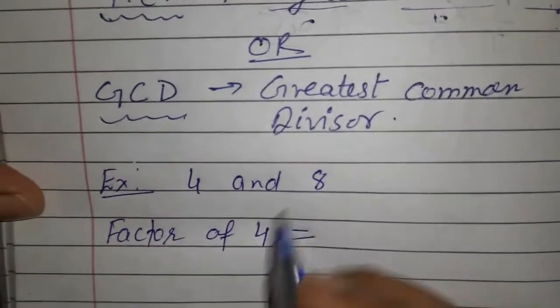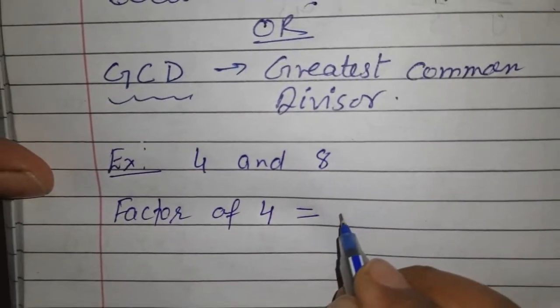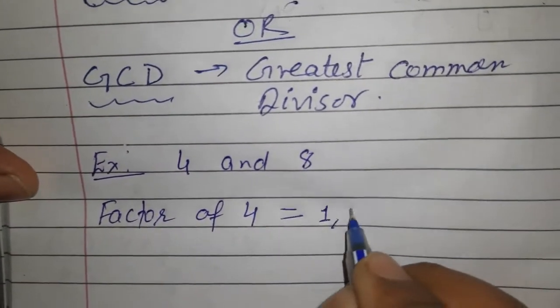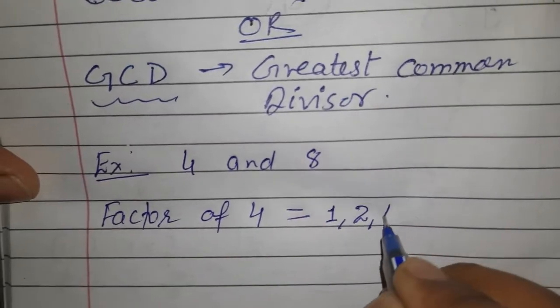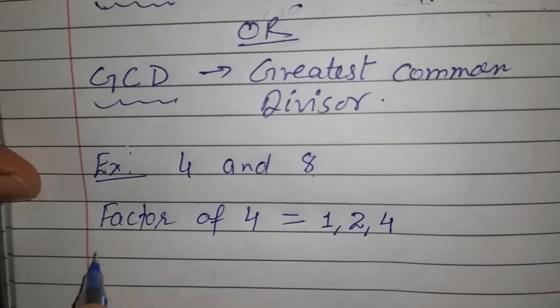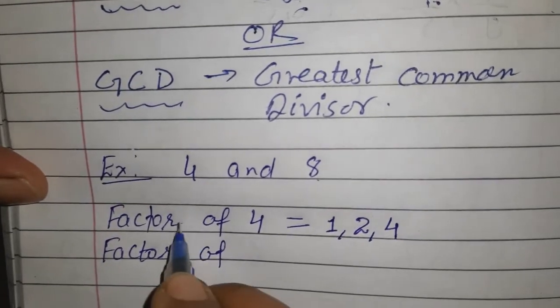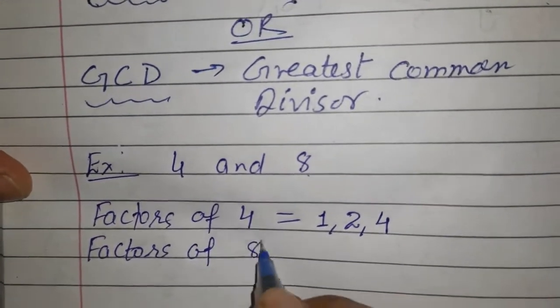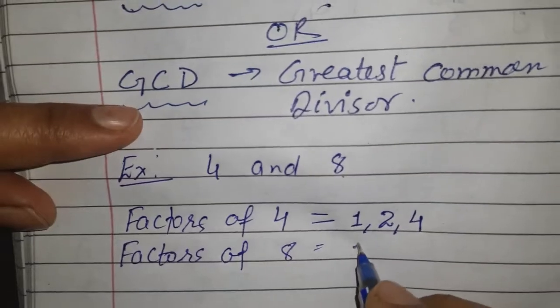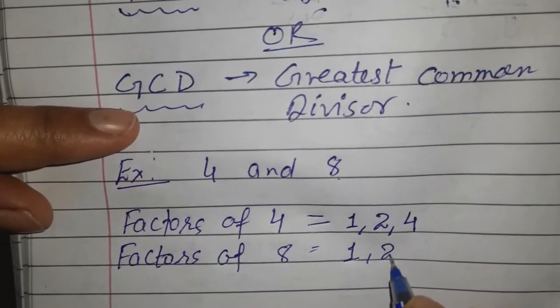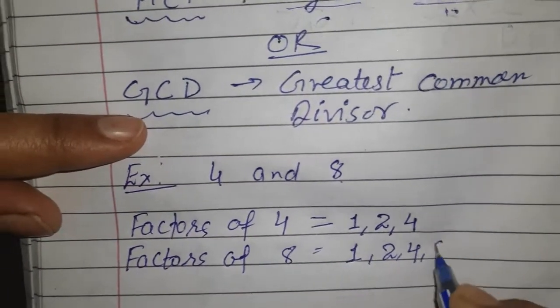When you find the factors of 4 you will get 1, 2, 4. Now the factors of 8: 1, 2, 4 and 8.